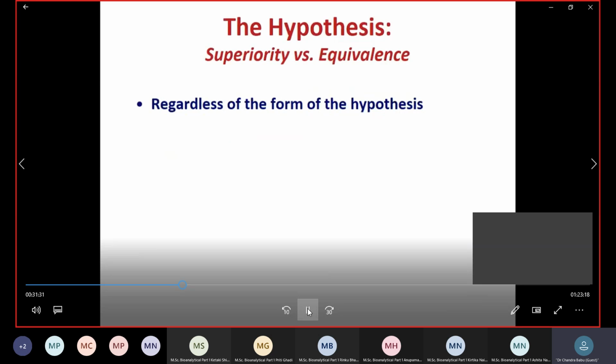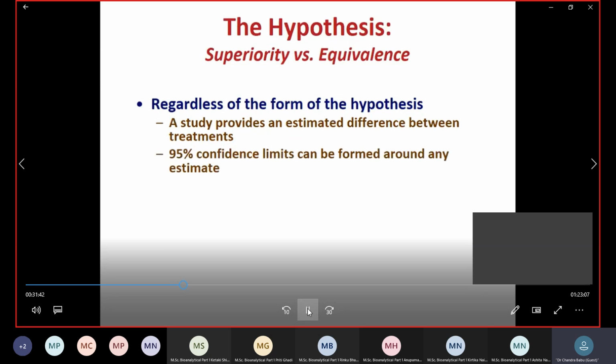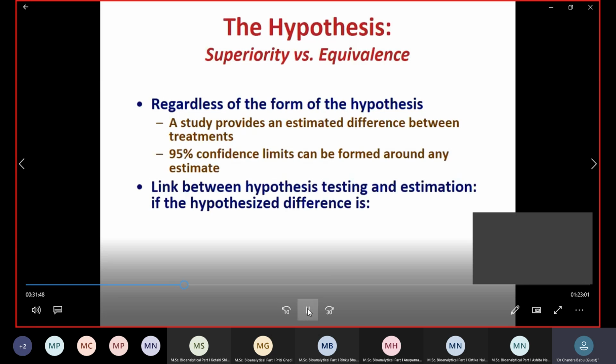Okay, and so regardless of the form of the hypothesis, a study provides an estimate of the difference between the treatments. I'm going to do a trial and estimate how different the two treatments are. I'm going to calculate 95% confidence bounds around those estimates. Here's a cool thing. There's a link between hypothesis testing and estimation.